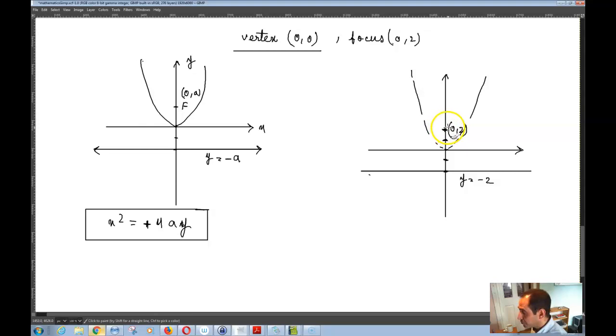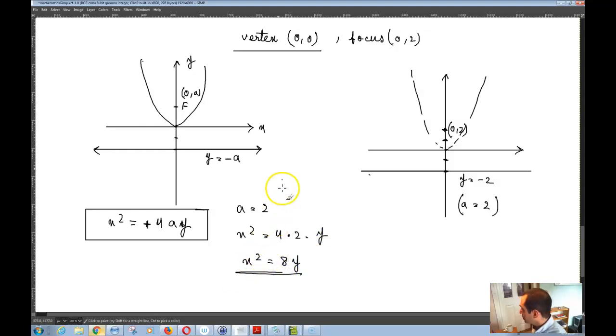Since my focus fits this situation, I can simply use this equation. When the point is at (0, 2), that tells me that my a is equal to +2. So x squared is equal to 4 times 2 times y, which means that x squared is equal to 8y. That is simple when you understand those 4 cases. There is nothing complicated about these parabolas.